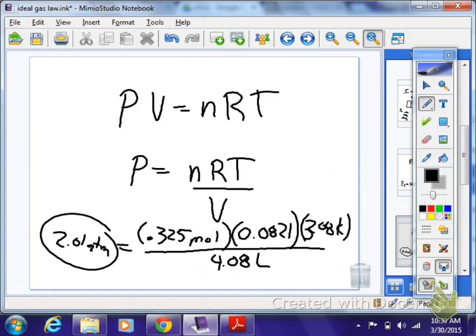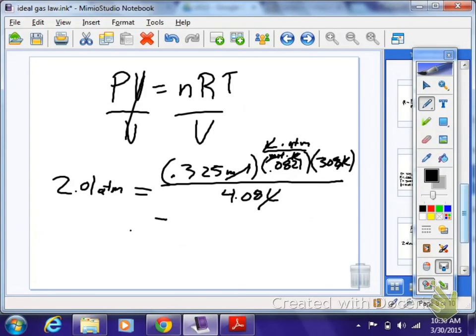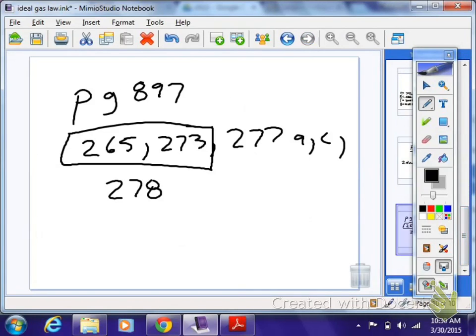So the problems I'd like you to do for tomorrow, and it is a completion grade. Get them done. I'll come around and check them, then we'll go through the answers. These first 2 are not ideal gas law problems. These first 2 are for you to practice, since we haven't done much with the combined gas law. So 265 and 273 are not what we did today, but what we did last Wednesday.